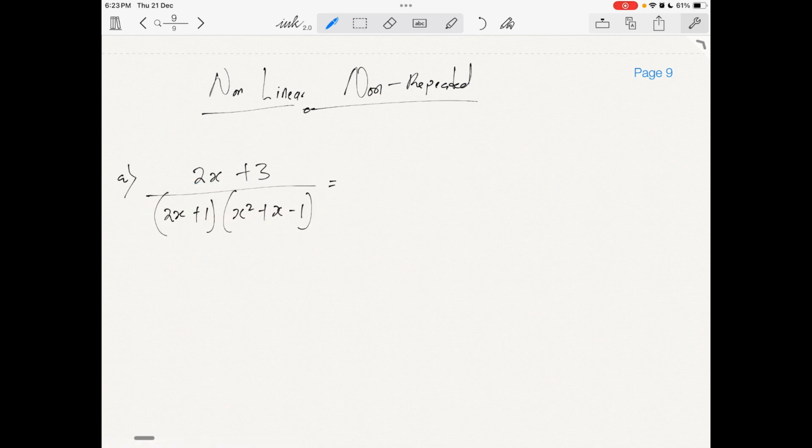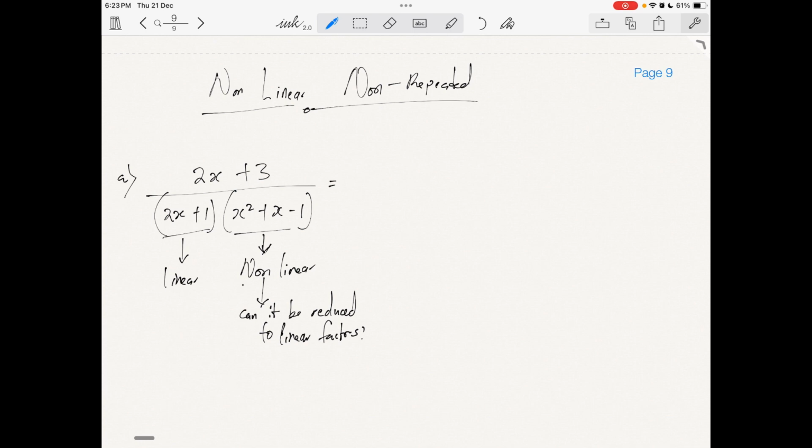We can say that this one is linear, and this one is non-linear. Can this non-linear factor be reduced further to linear factors? If yes, good. If no, I'm taking my time, and it cannot be further reduced.